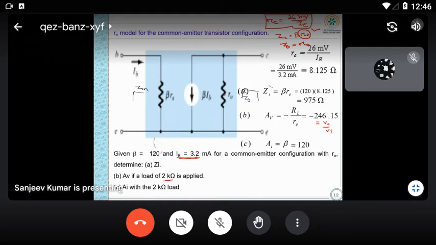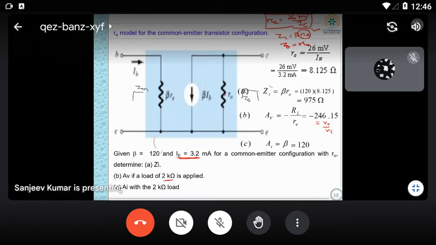I can forward to that, but you can refer to the same process. Only changes you will see here: input impedance is beta RE in common emitter, whereas here input impedance will be only RE. So this is the only change.